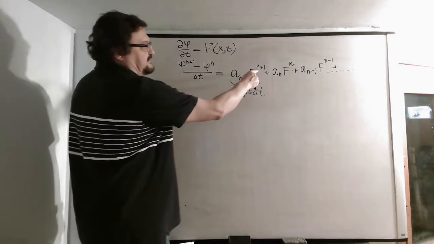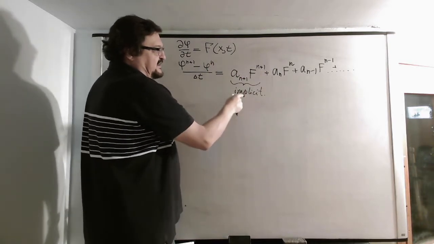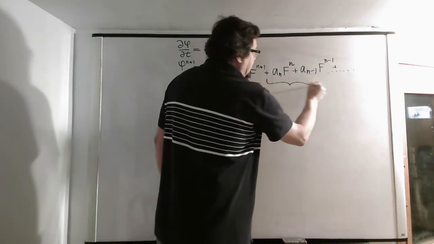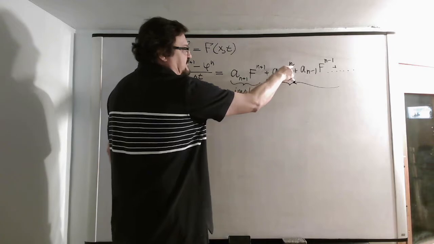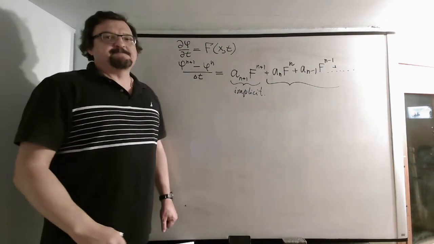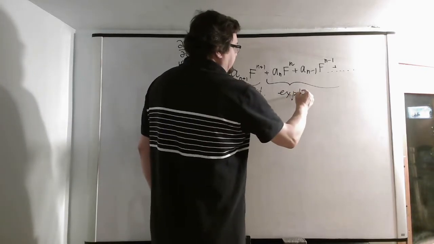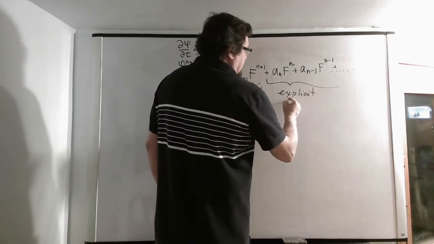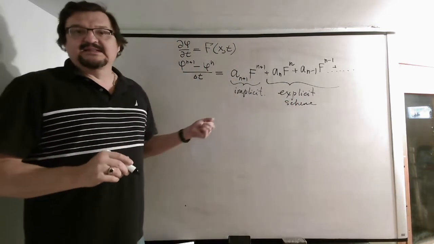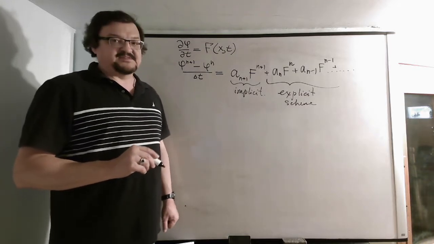So if you have the n plus 1 time step on the right hand side of this equation, that scheme becomes implicit. But if you have only the current time step and previous time steps, that scheme is explicit. And explicit schemes always have some stability constraint on the time step.